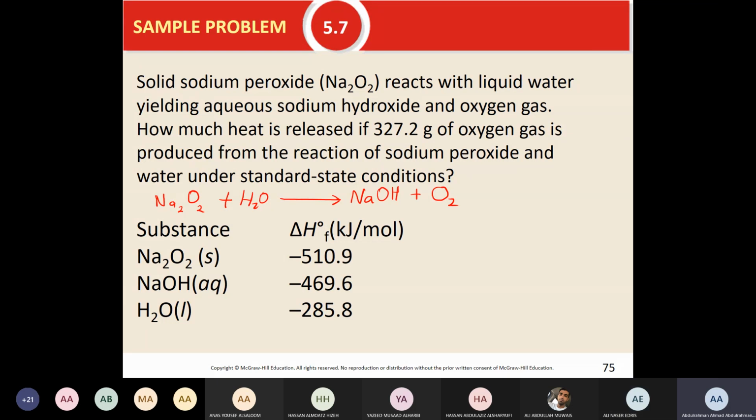What's the next step you must do before doing any work? Balance the equation. Is it balanced? No. What should I do? Multiply the NaOH by 2. Very good. What else?